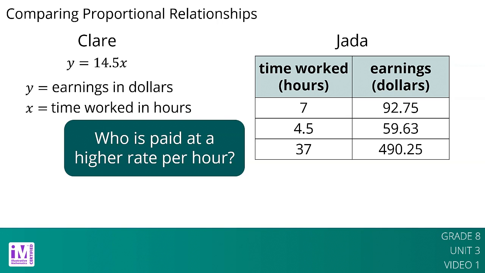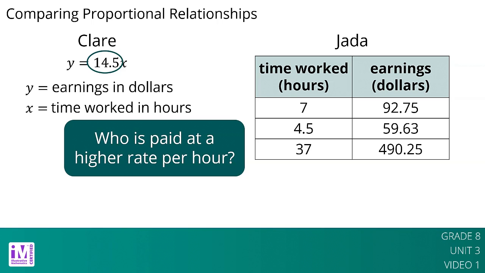In Claire's equation, we see that the rate of change, how many dollars she earns every hour, is 14.5. We can calculate Jada's rate of change by dividing a value in the earnings column by the value in the same row in the time worked column.